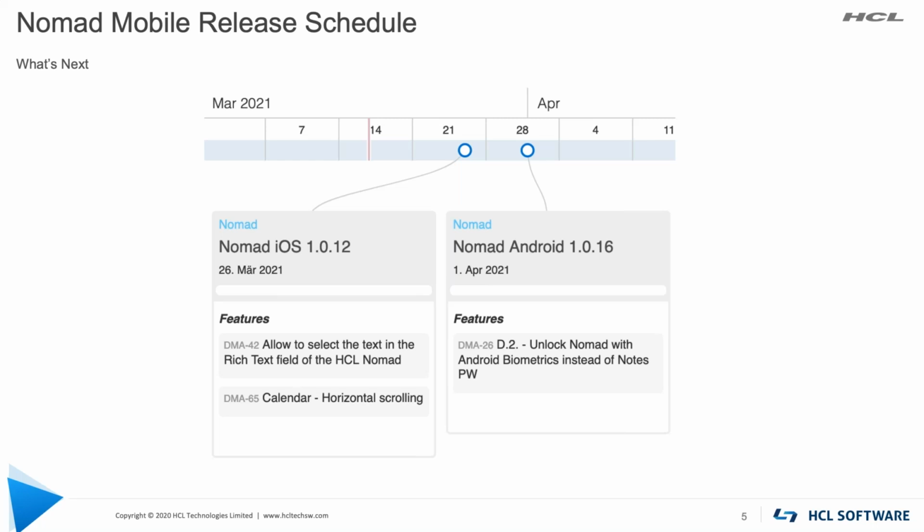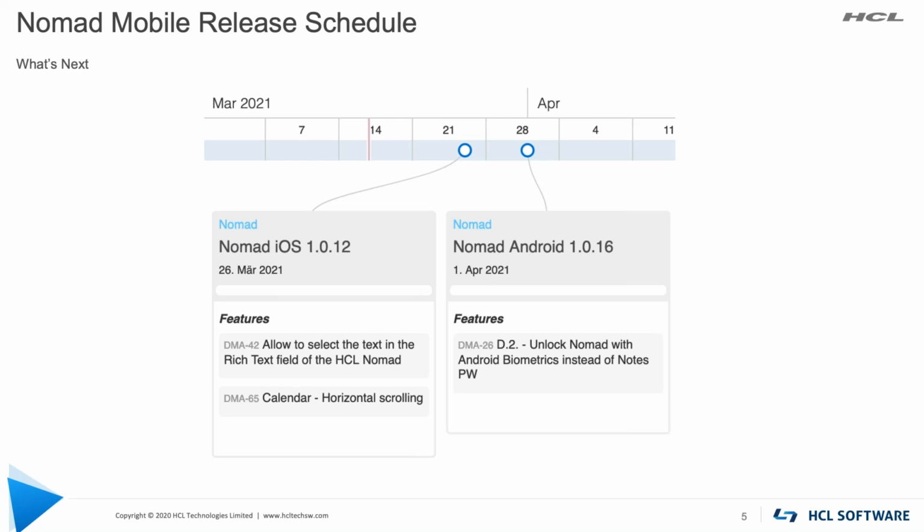On Nomad on Android, you are going to see biometric authentication coming next. So that's scheduled for around April the 1st, just a couple of days remaining. So you see, we are adding quite some effort to make you happy by implementing the ideas that you have submitted.